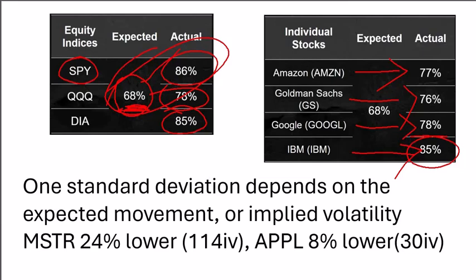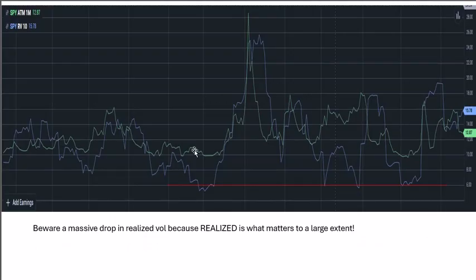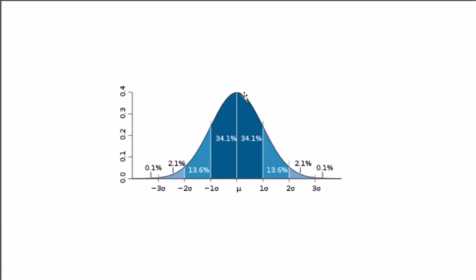And so really what this does is give you an idea that this particular curve is not that accurate, right? We know that this isn't accurate. It is something to base things upon, but we know that 68% of the time is actually 85% of the time for the Diamonds, 86% of the time for the SPY.